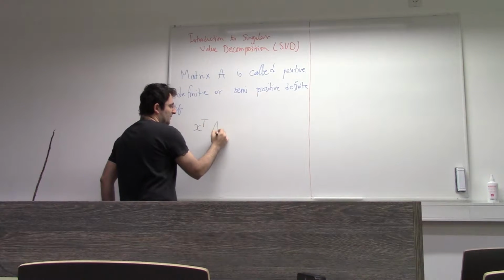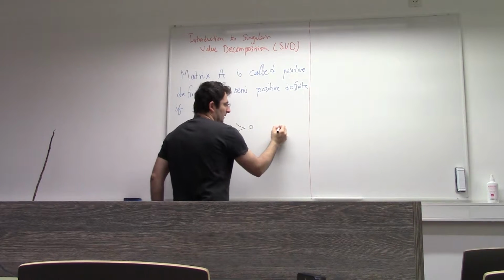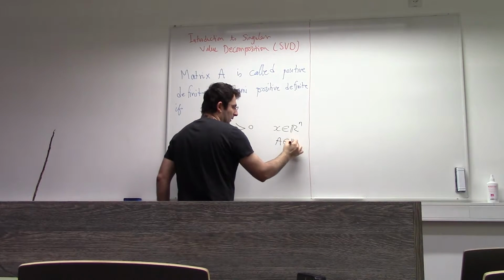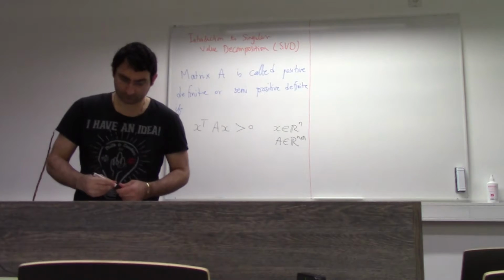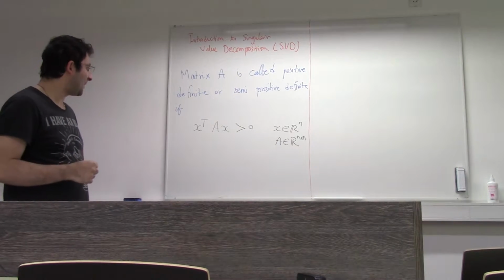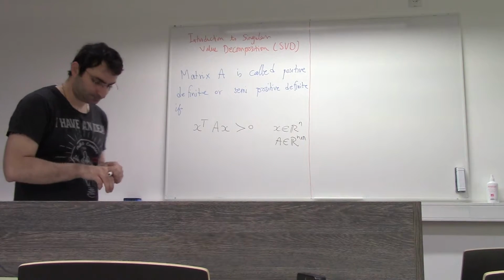X transpose AX is greater than 0 for all x's belonging to R^n and A belonging to R^(n by n). If this is true, then we call the matrix semi-positive or positive definite.